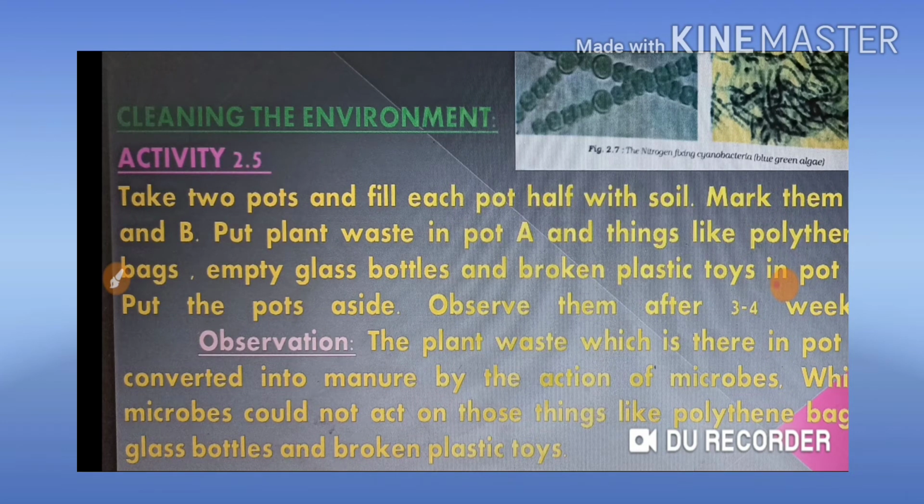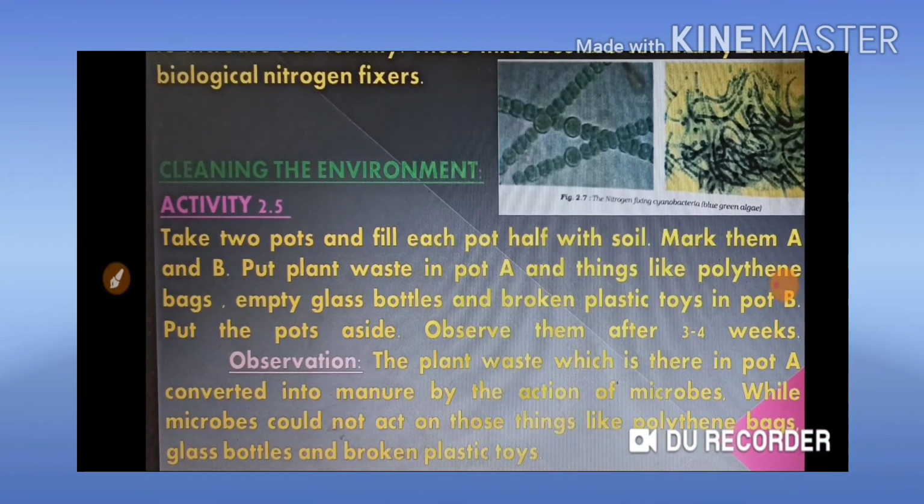The next point will be cleaning the environment. My question to you is: will cleaning the environment be required for us? Yes, 100%.